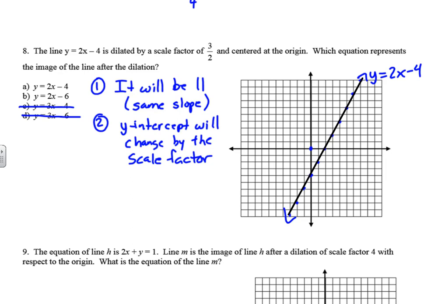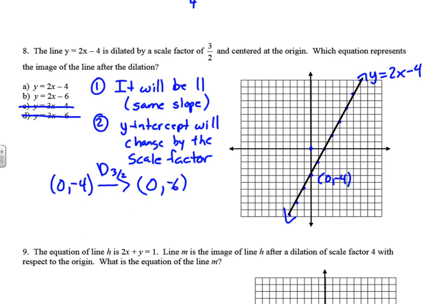So how do I figure out this second part of it? Well, what is this point here? It's the point 0, -4. So really what we're doing is taking the point 0, -4 and dilating it by a scale factor of 3/2. 0 times 3/2 is 0, and -4 times 3/2 is -6.